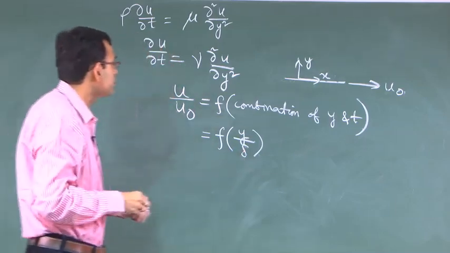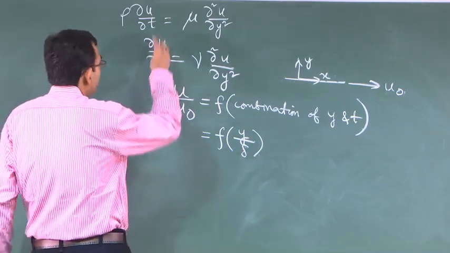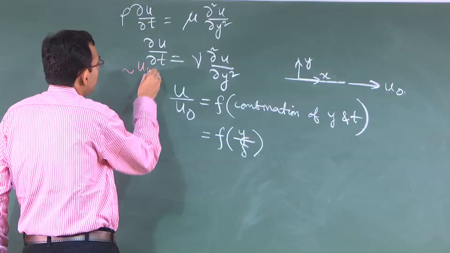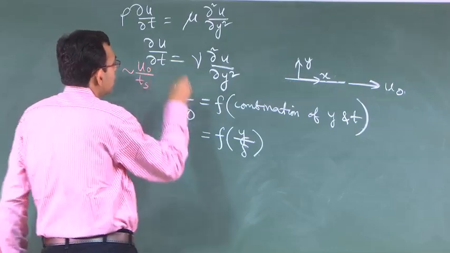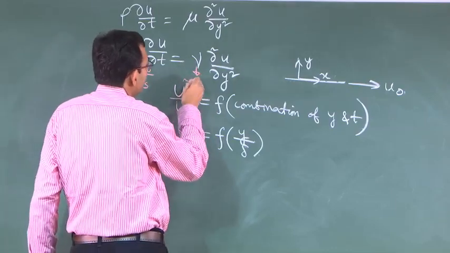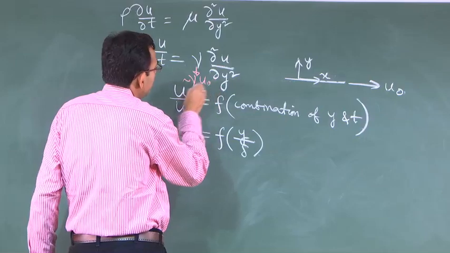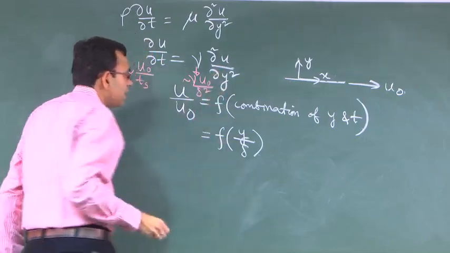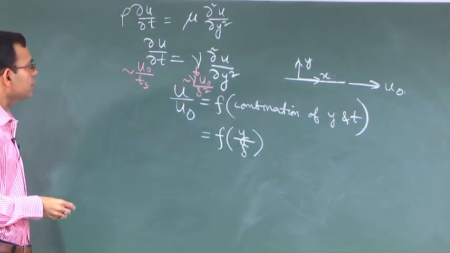How is it possible? See, if you do an order of magnitude analysis, this is u0 by the time scale, and this is of the order of nu u0 by delta square, where delta is the length scale of the problem.